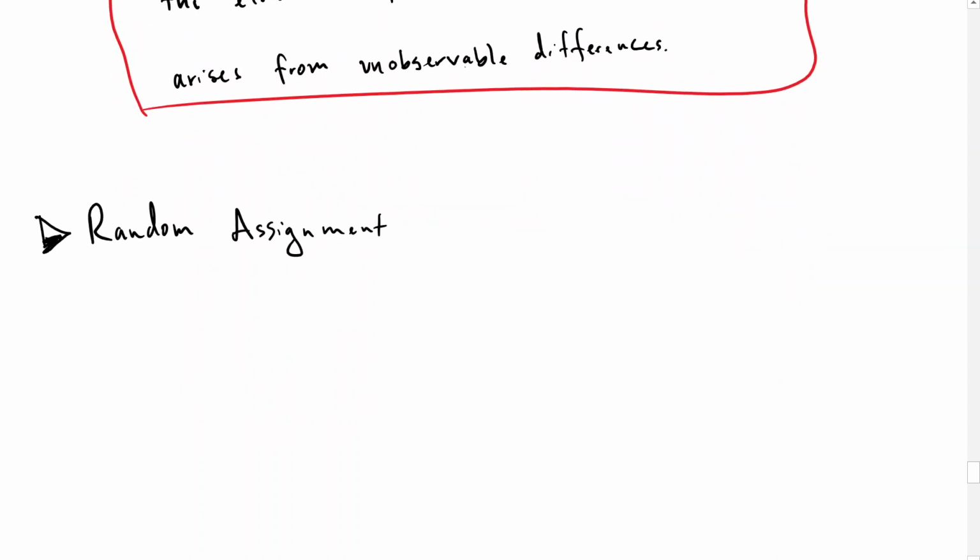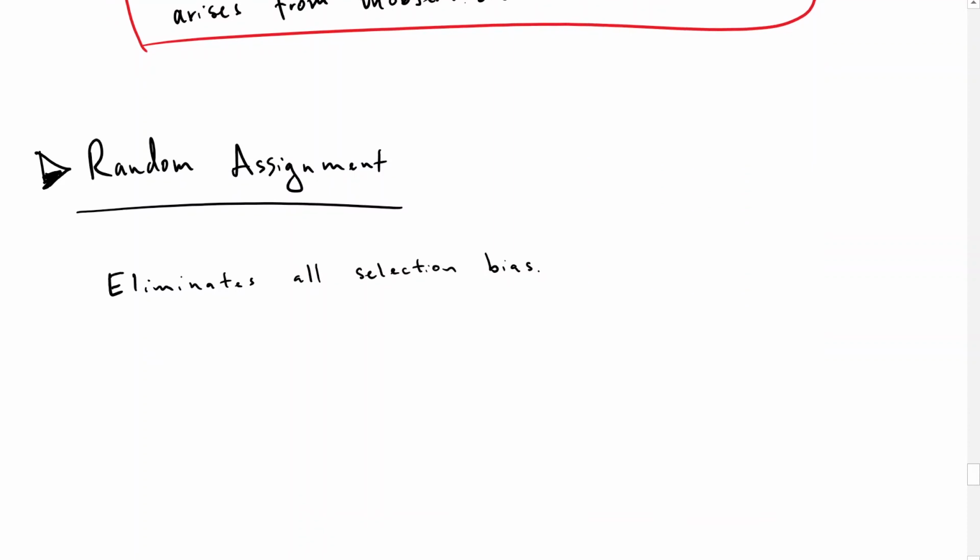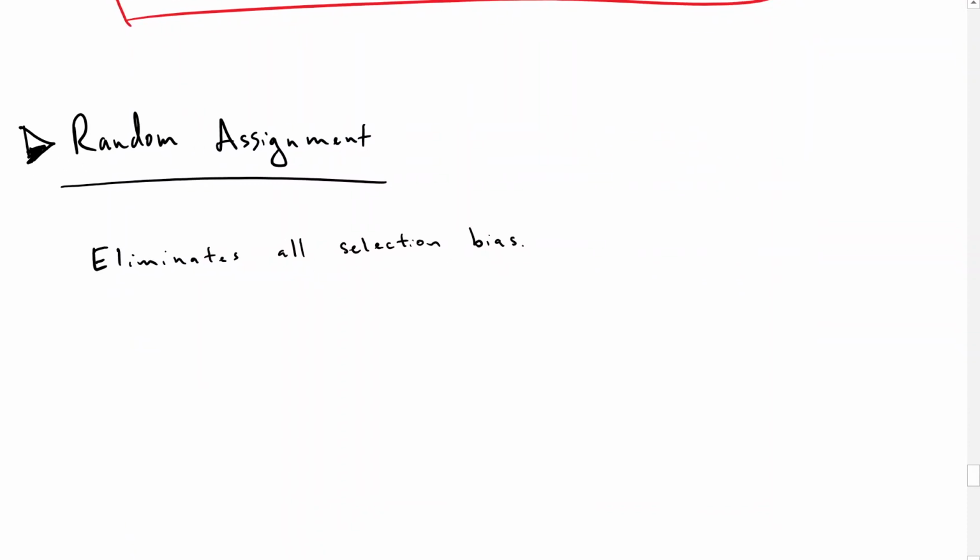What random assignment does is that it eliminates all selection bias if done properly. And the way it works is you start with a sample of people who are uninsured.